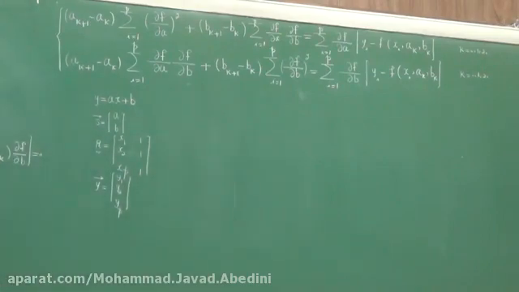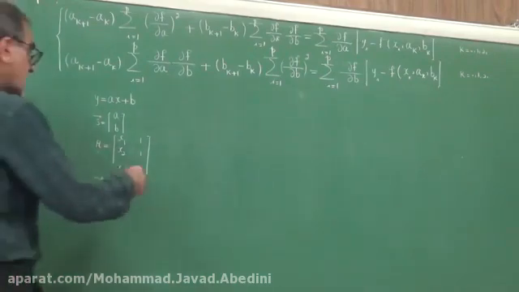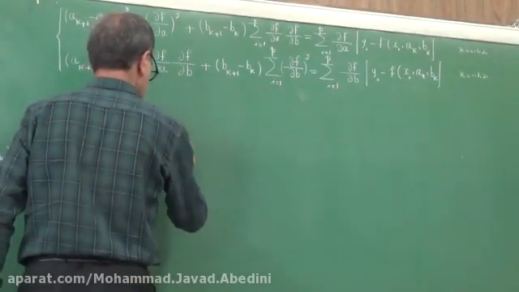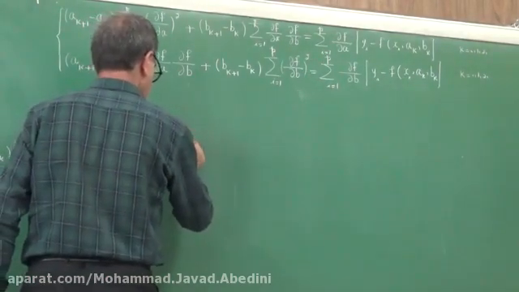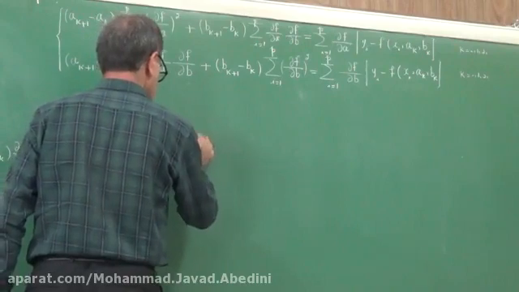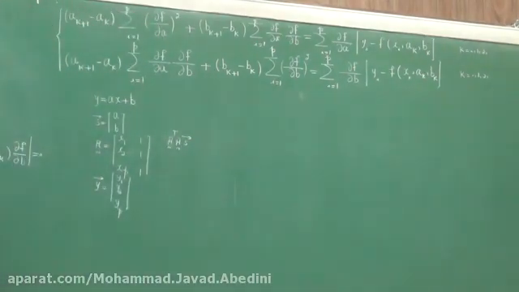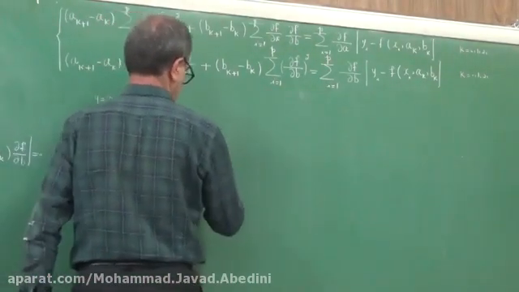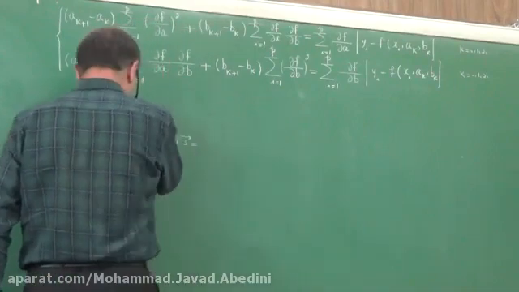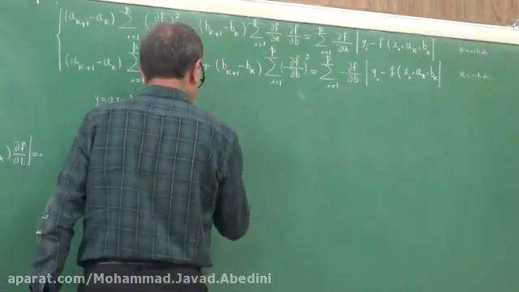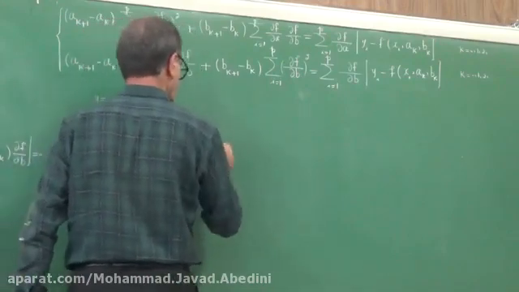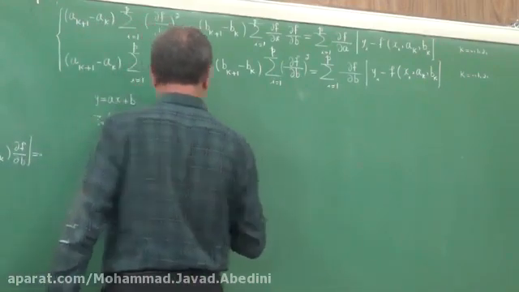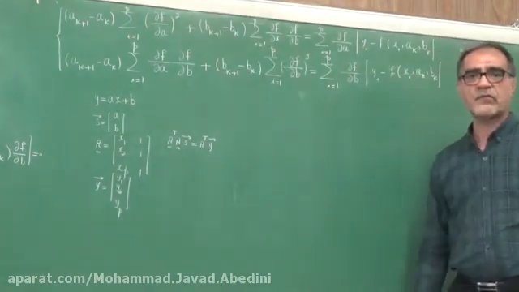Based on this definition of vector S, matrix A, and vector Y, we realize that A transpose times A times S is given by A transpose times Y.